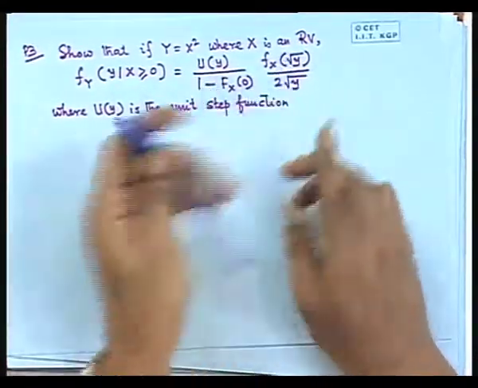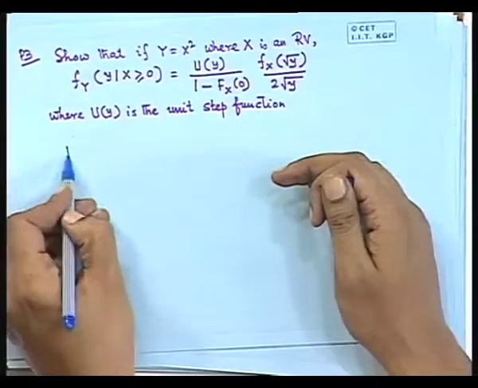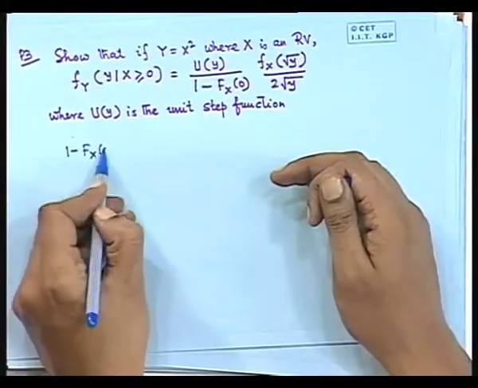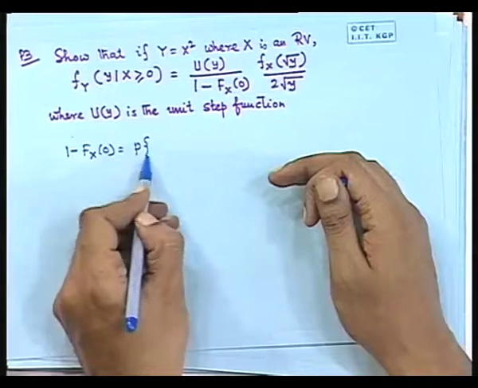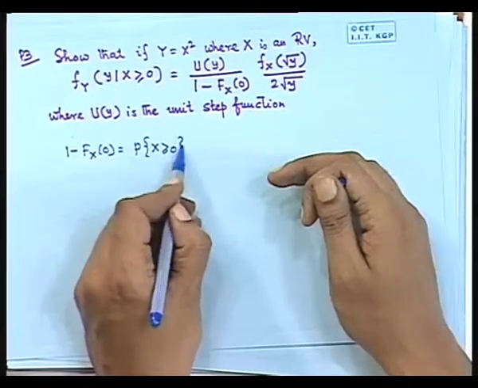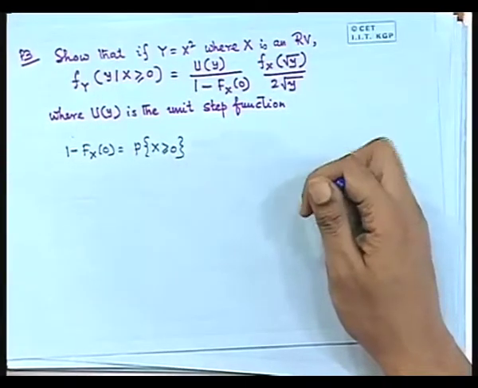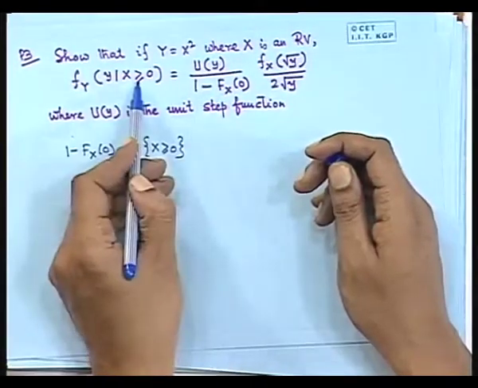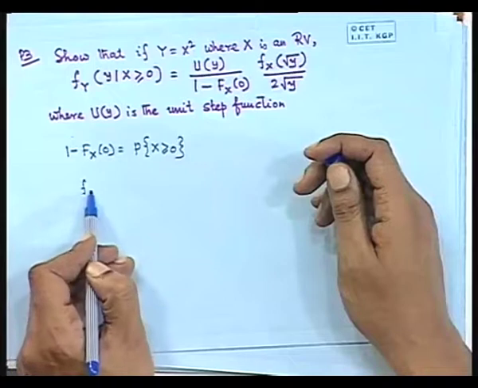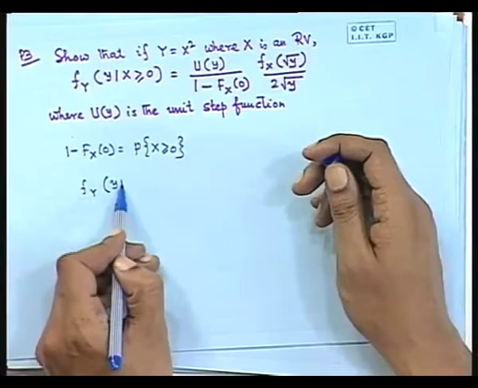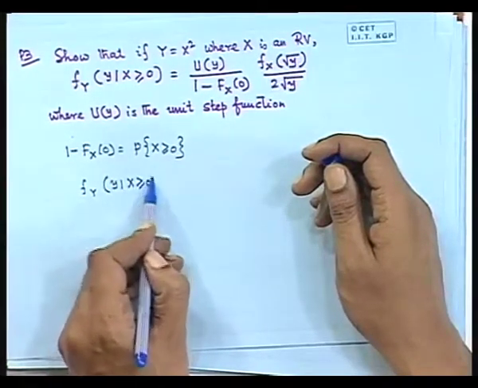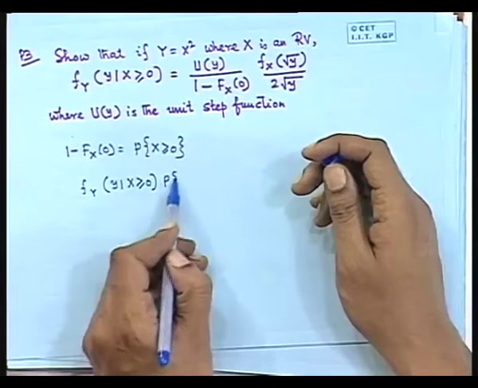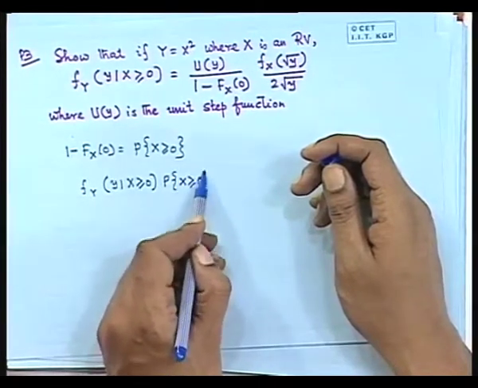So this part we should recognize. 1 minus F_x(0) is nothing but the probability that x is greater than or equal to 0. So what are you having here? If you multiply it this side, you are having f_y(y given x greater than or equal to 0) into the probability that x is greater than or equal to 0.